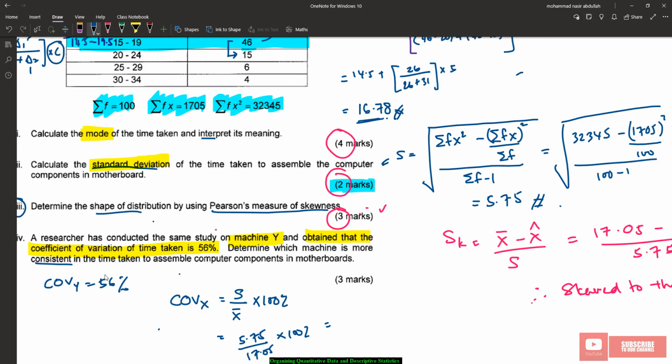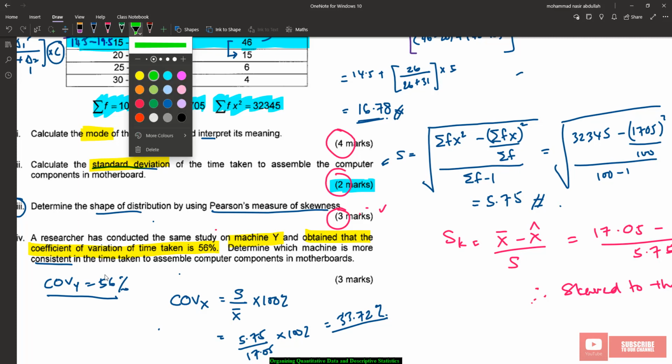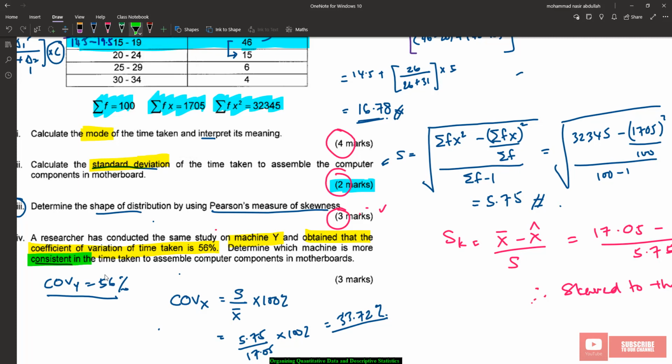It should be 33.72%. So, based on the comparison, coefficient of variation Y is larger than coefficient of variation X. So, we can say that distribution X is more consistent compared to distribution Y, right?